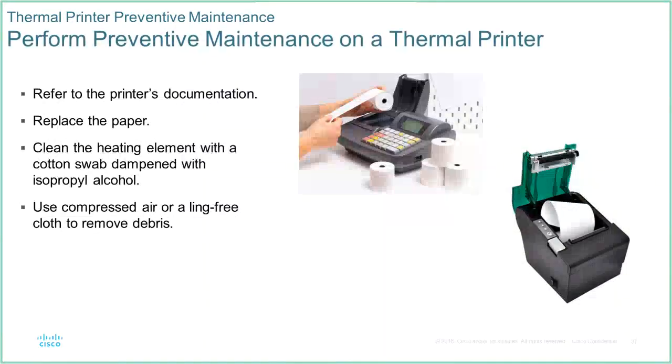So preventative maintenance means keeping the device clean, replacing the paper, cleaning the various elements carefully with a cotton swab with the correct isopropyl alcohol, and compressed air or lint-free brushes or cloths to remove dust.